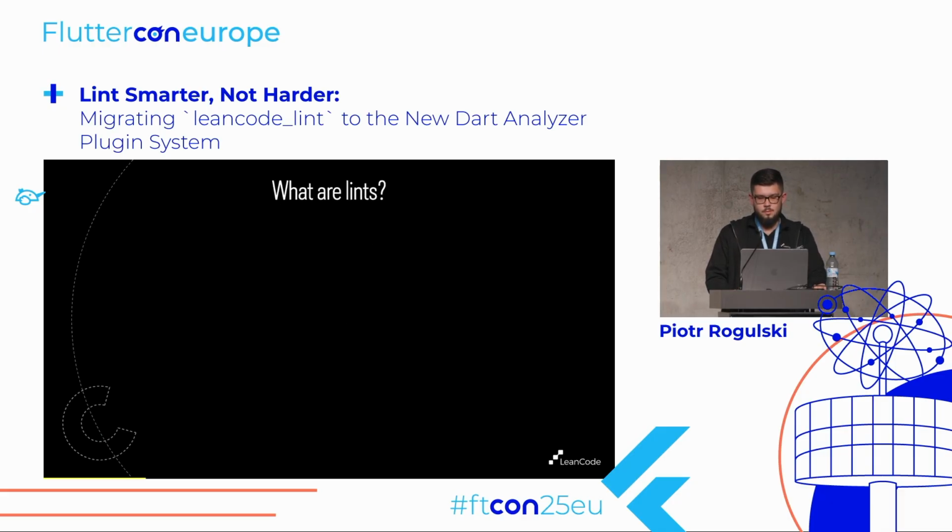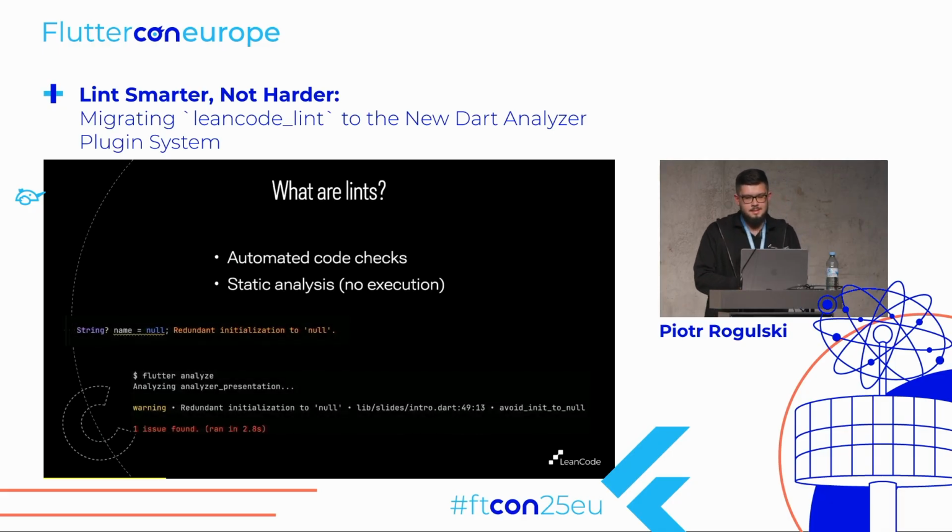So first, what are lints? These are all the red and yellow squiggly lines, basically, that we see in our IDEs. They are automated code checks. They can check for common bad patterns. They can prevent some common issues easily, like issues about nullabilities or issues that can simplify the code.